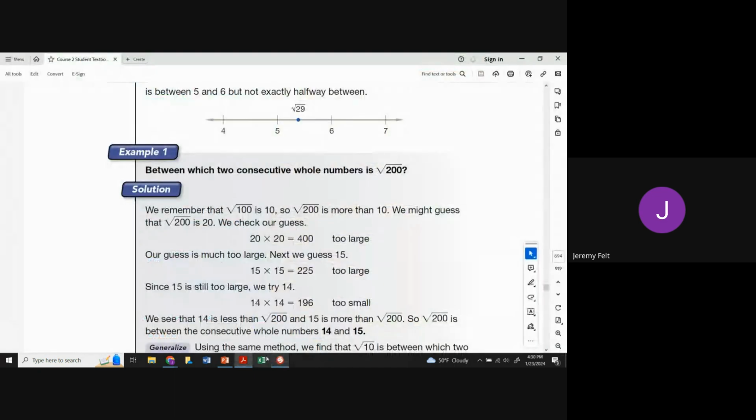And again, if we looked at it, square root of 200 is 14.14213, continuing on forever. So it's a little above 14 and less than 15. But we can know the integers that it's between based on what we know about perfect squares.